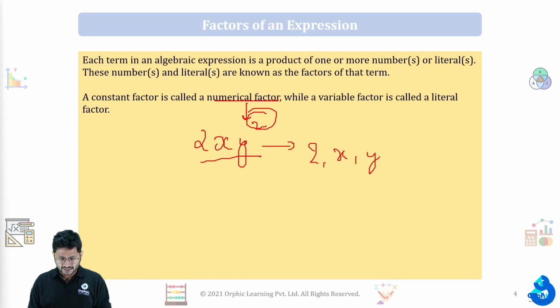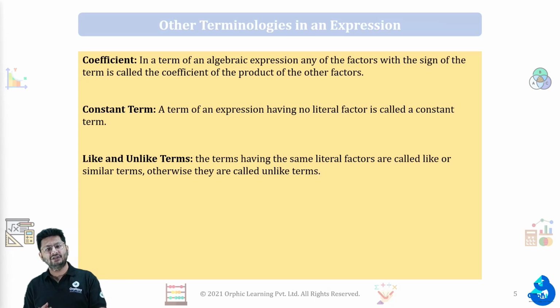Okay, great. So this brings us to the next topic, which is coefficient. So coefficient is the term or the factors which are multiplied with another number or a variable. In a term of an algebraic expression, any of the factor with the sign of the term is called the coefficient of the product of the other factors.